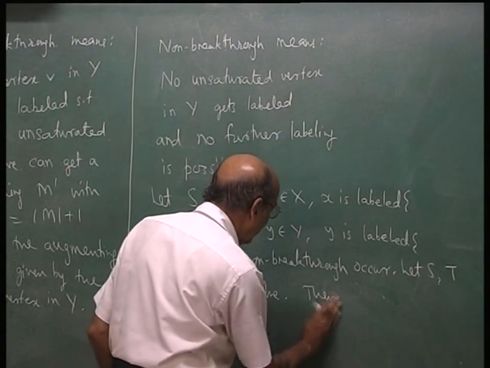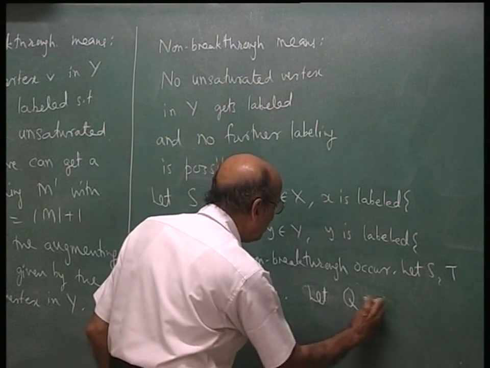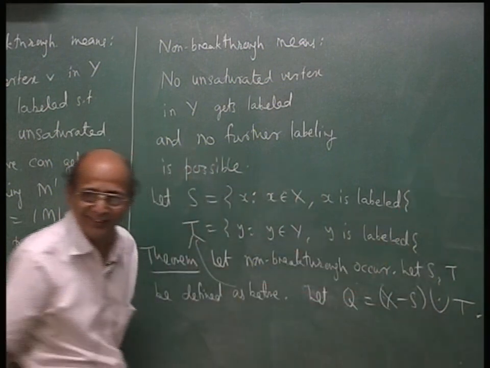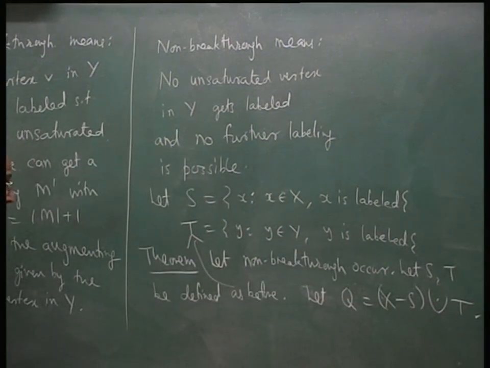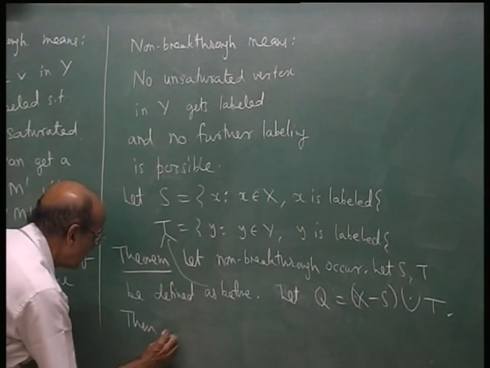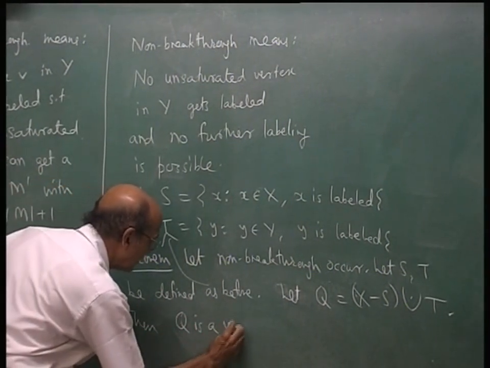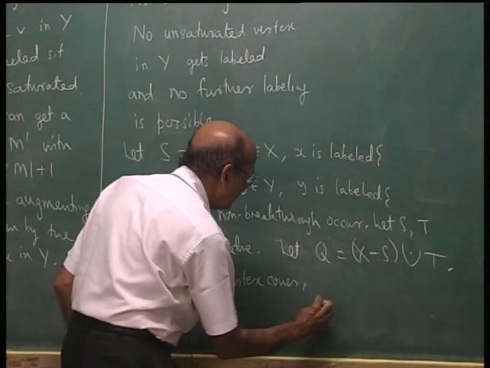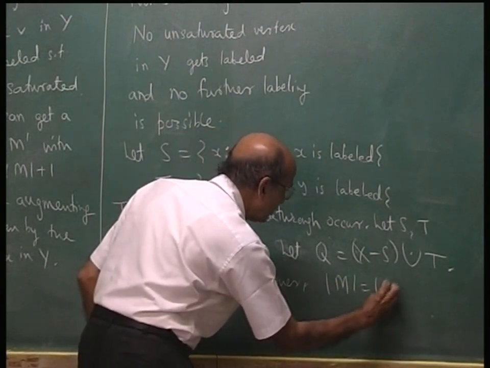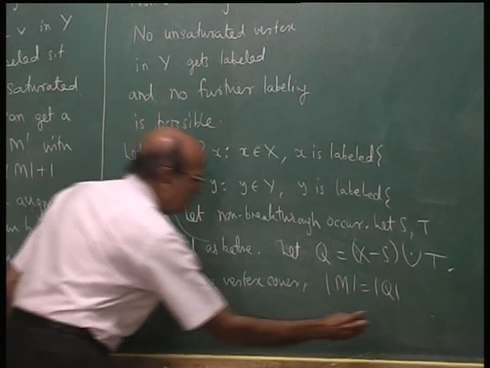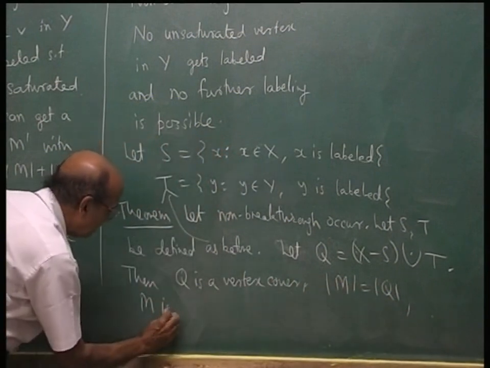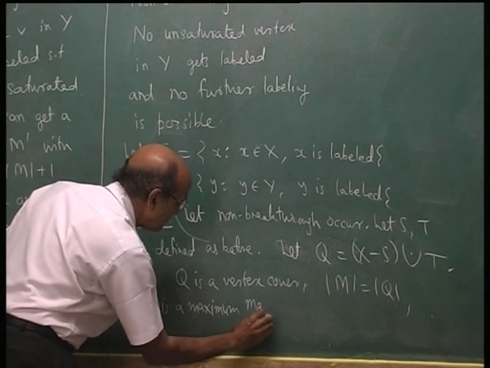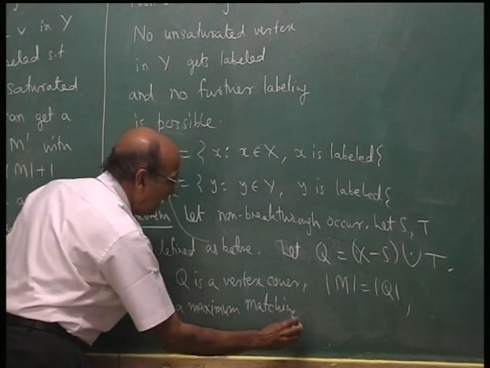Several claims in fact. Let Q be equal to X minus S, disjoint union T. Then Q is a vertex cover. Size of M is equal to size of Q. M is a maximum matching, and Q is a minimum cover.